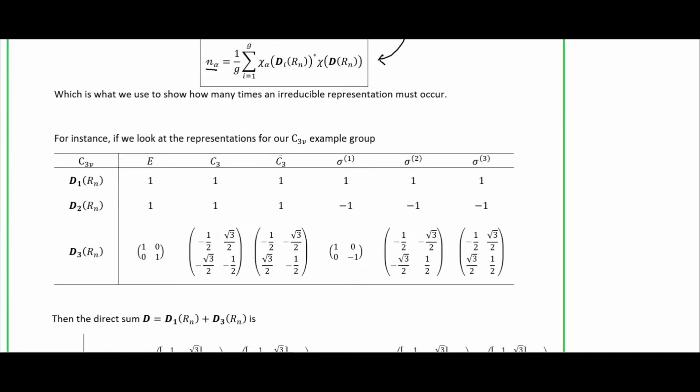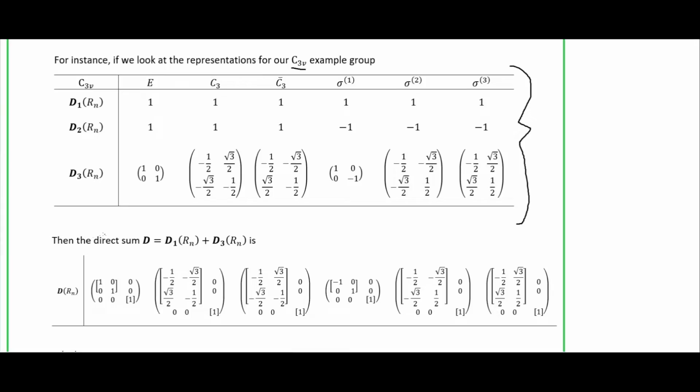All right, so for instance, if we want to look at this a little more concretely, we can look at our C3v example group. In an earlier video, we got 3 different representations of the group. If we take the direct sum of just the D1 and the D3 up here, we're essentially taking this 2 by 2 and this 1 by 1 matrix and stacking them on the diagonal.